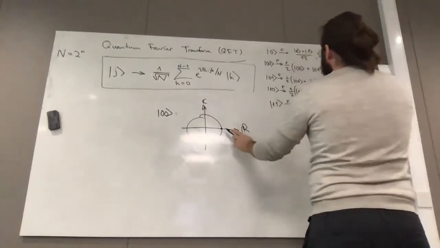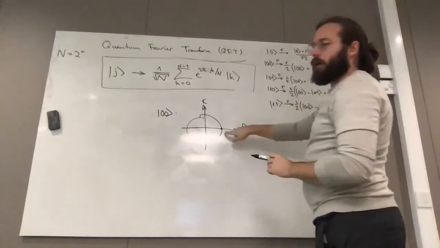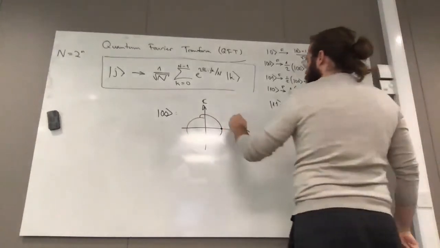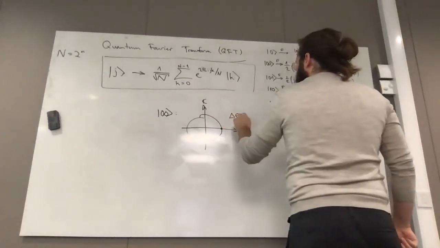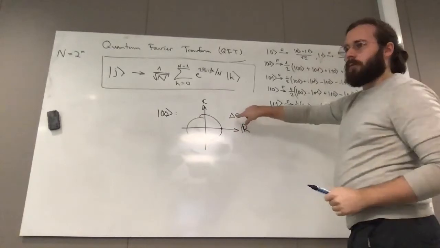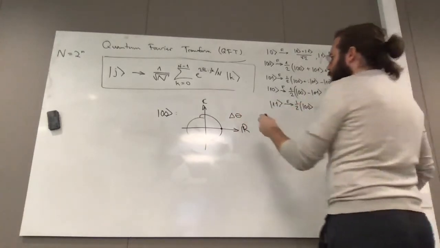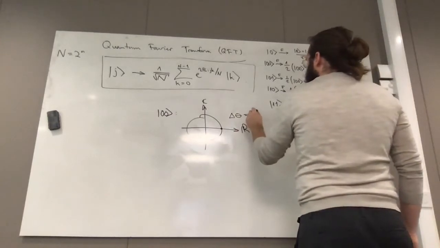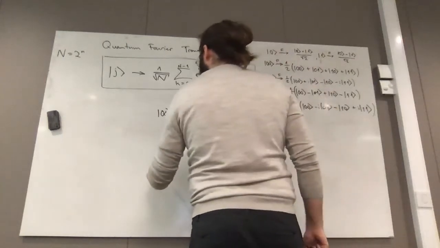You're not going anywhere in the extra phases that go in front of them. You're just staying on the one spot. So if I call it delta theta, meaning the size of the angle for each step, it is equal to 0 in that case.